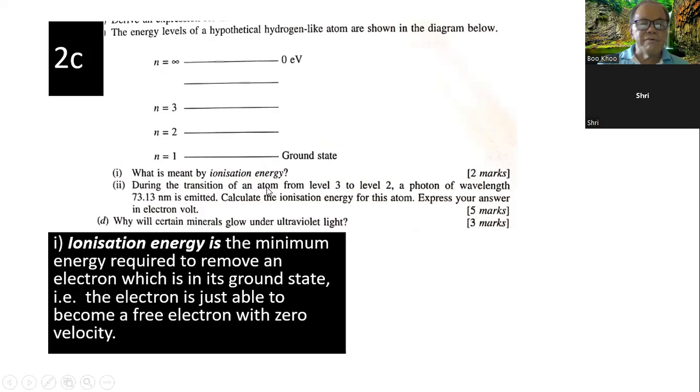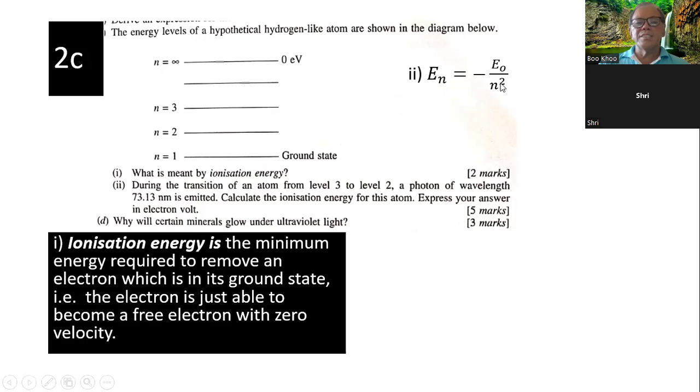During the transition of atom from level n=3 to n=2, a photon of wavelength is emitted. Calculate the ionization energy for this atom. Express your answer in electron volt. Unnecessary calculation. Okay, you need to memorize this formula.